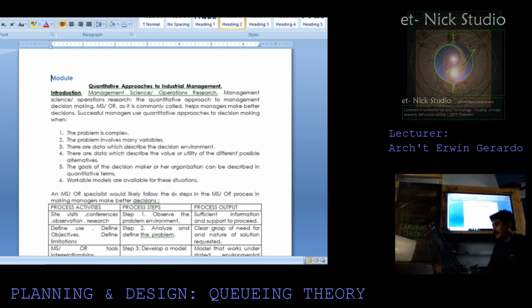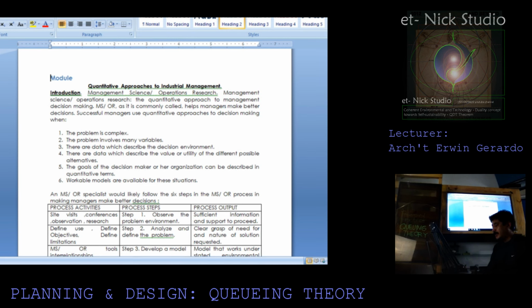We can call this MS, as an abbreviation for management science, or OR for operations research. As it is commonly called, this helps managers make better decisions. Successful managers use quantitative approaches to their decision-making process.